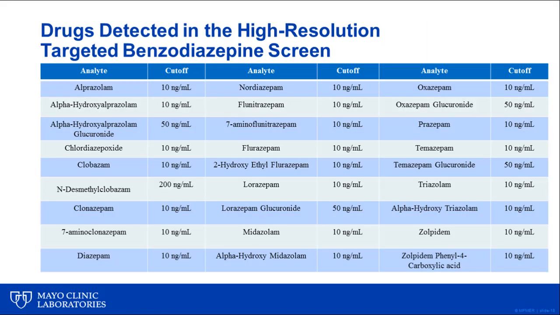Here's the complete list of the 27 benzodiazepines and metabolites, along with the cutoffs or concentrations required to give a positive or present result. This one test will enable clinicians so they don't have to remember which benzodiazepine does or does not cross-react with urine benzodiazepine immunoassay, or have to order additional costly confirmation tests to look for all of the different benzodiazepines.